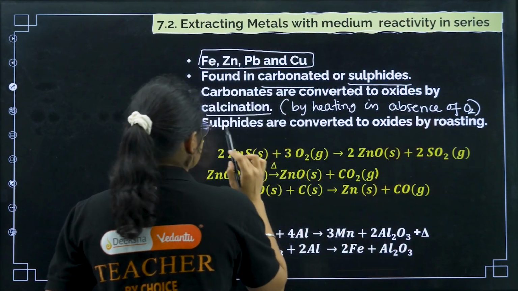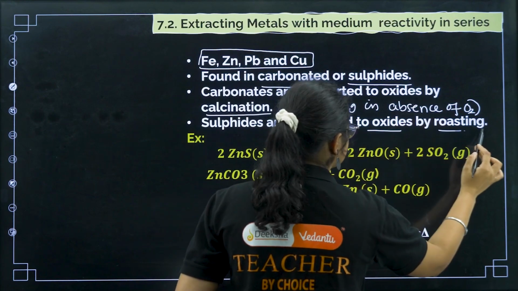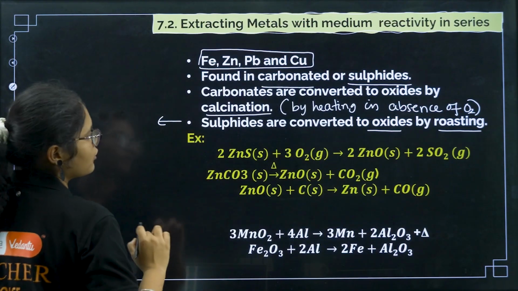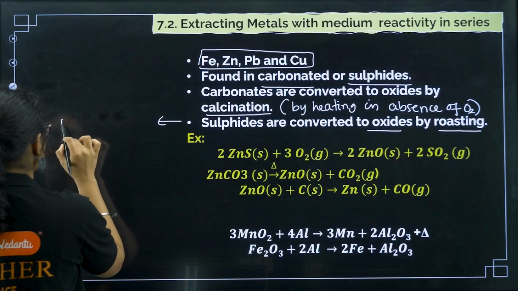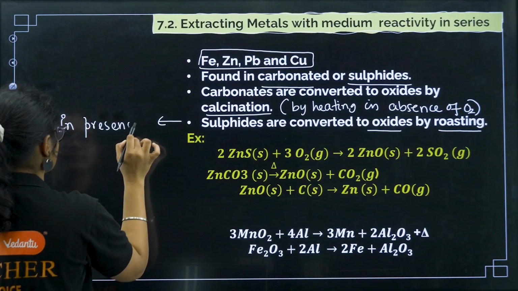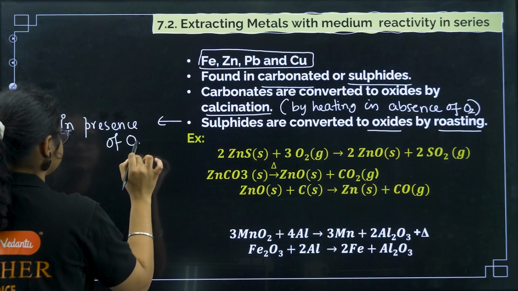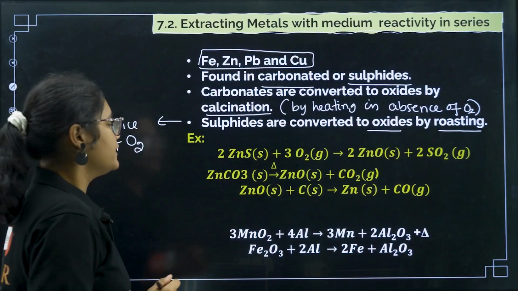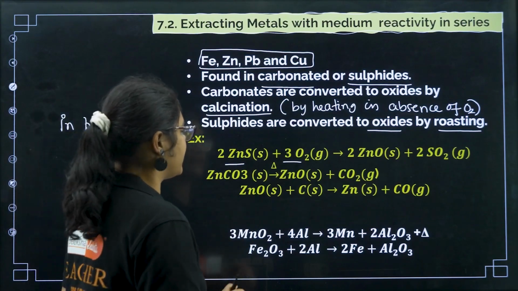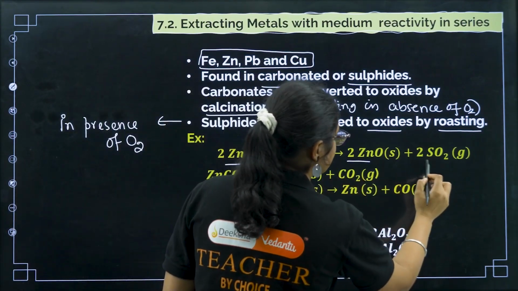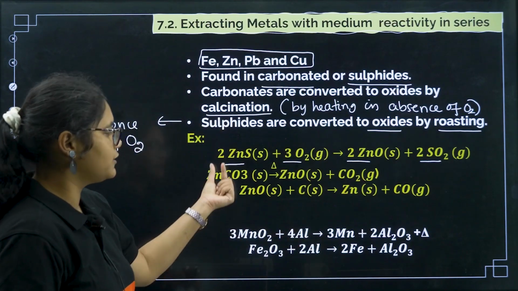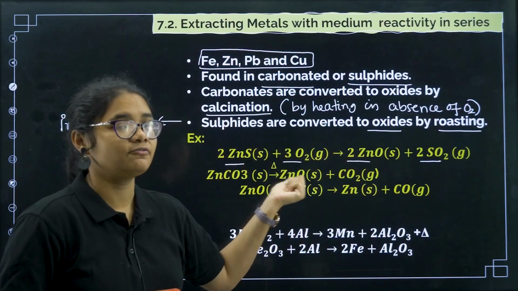Next, sulfides are converted to oxides by roasting, that is, in the presence of O2. Example: ZnS plus 3O2 gives ZnO plus SO2. This process is roasting, where you convert the sulfide ores to oxide in the presence of oxygen.